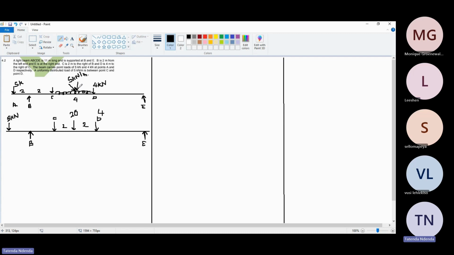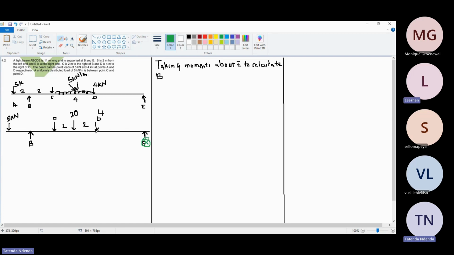Okay, so let's take this one and move with it. We're going to say: taking moments about E to calculate B. If it's at E, we are saying this one here is now our fulcrum, right?